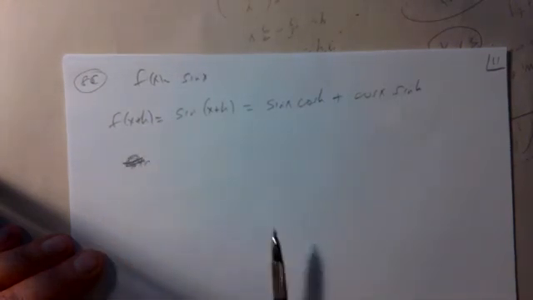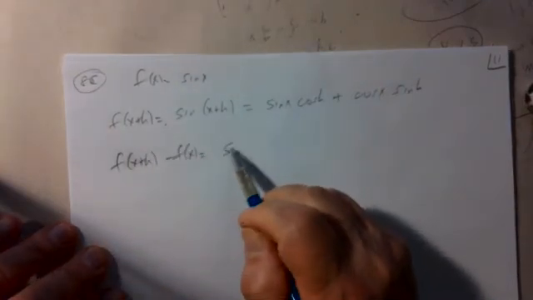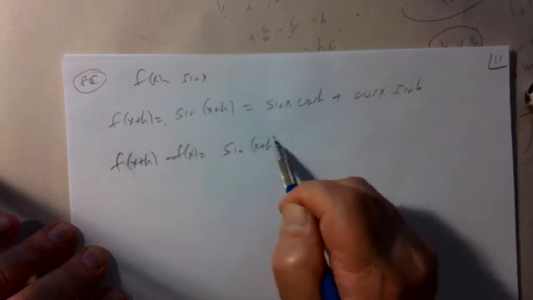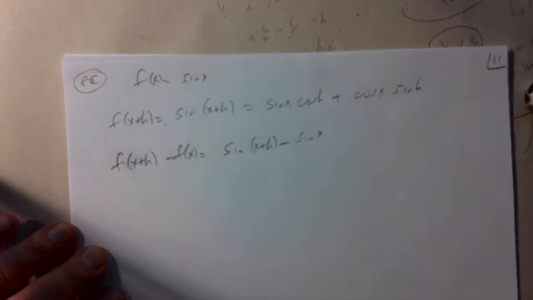So f of x plus h minus f of x is the sine of x plus h minus the sine of x.